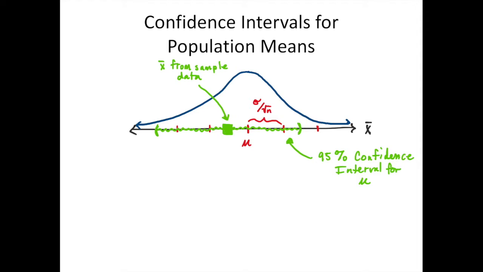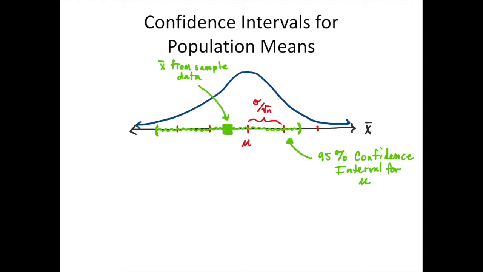Within 2 standard deviations of the mean, we should find 95% of all sample means. So I've highlighted one in green, that green box. Let's suppose that's the x bar, the sample mean from our data. And so if I create an interval centered at this sample mean that stretches out 2 standard deviations, now the standard deviation here is not sigma, it's sigma over radical n.